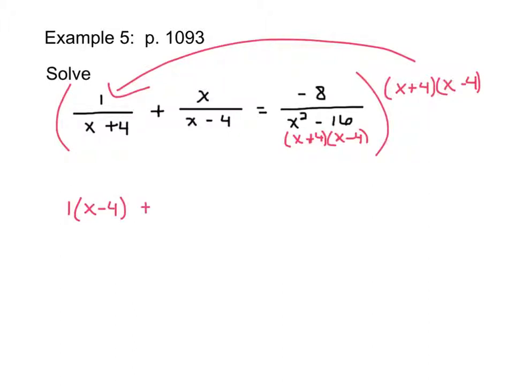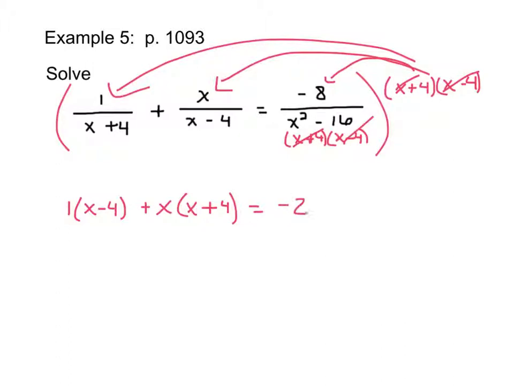Plus my x minus 4's cancel on this one, so x times x plus 4. And then they both cancel on the last one, so just negative 8. So that's going to be x minus 4 plus x squared plus 4x equals negative 8. So x squared plus 5x minus 4 equals negative 8.